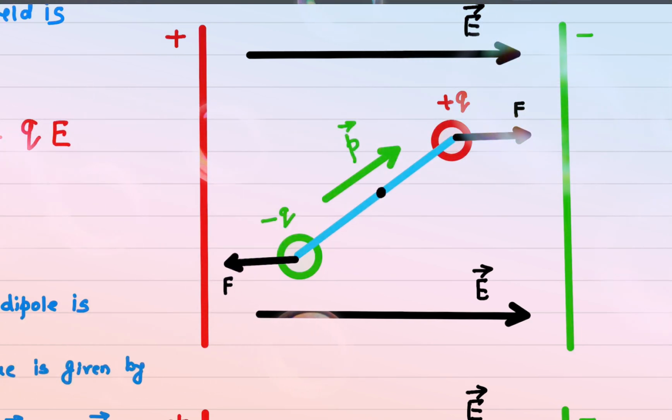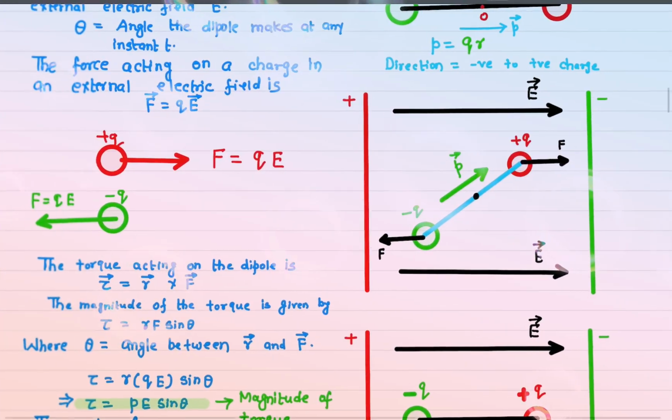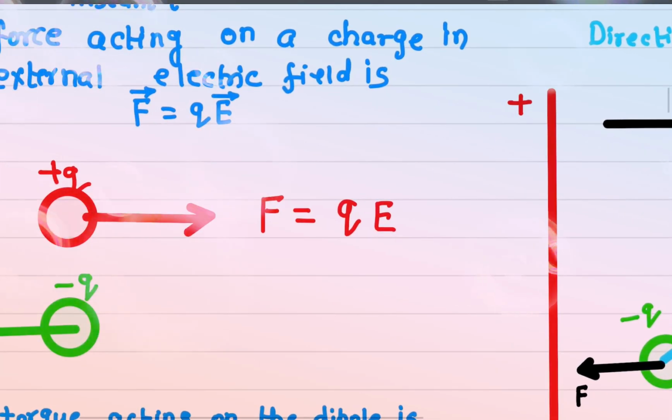As we place the dipole into an electric field, there will be a force acting on it. And why will there be a force? Because we have already talked about how any charge experiences a force in an external electric field, and this is given by this equation.